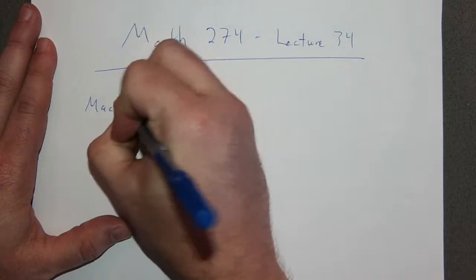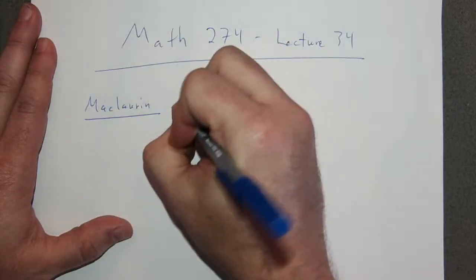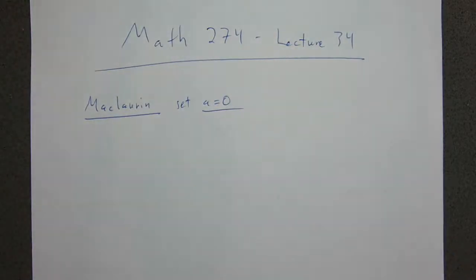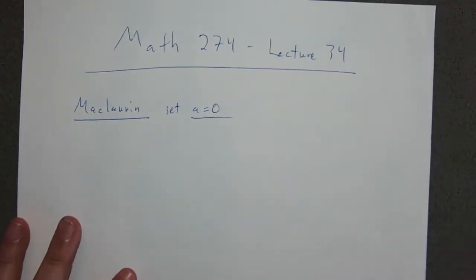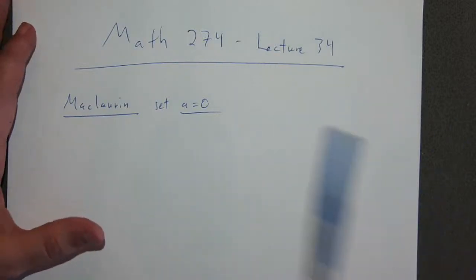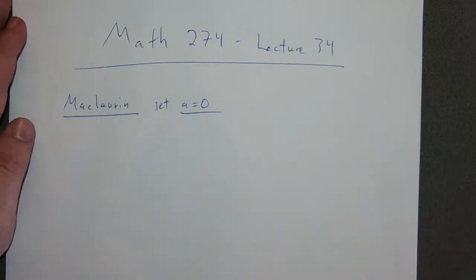Maclaurin set a equal to 0. Now, Maclaurin discovered this separately. He didn't just literally set a equal to 0. He discovered the Maclaurin series separately, but this is the a equals 0 case of the Taylor series.